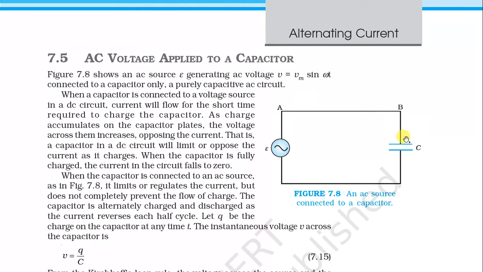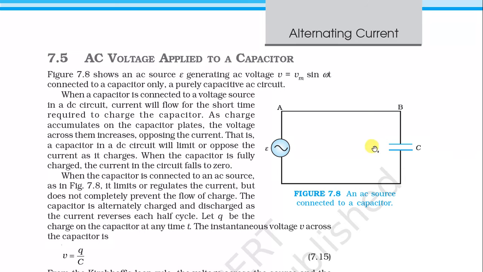The capacitor in a DC circuit will limit or oppose the current as it charges. It has a certain limit; after that it will not be charged further. When the capacitor is fully charged, the current in the circuit falls to zero.